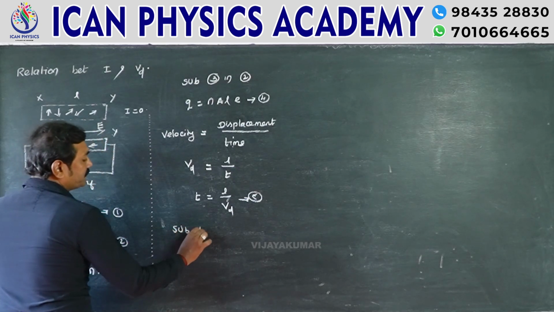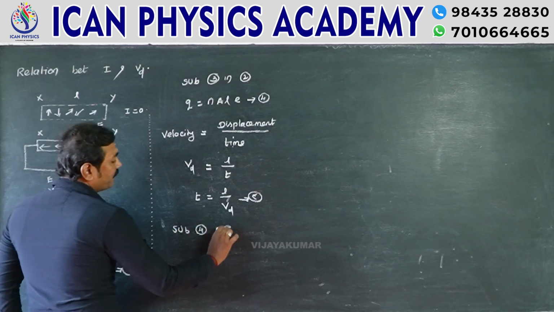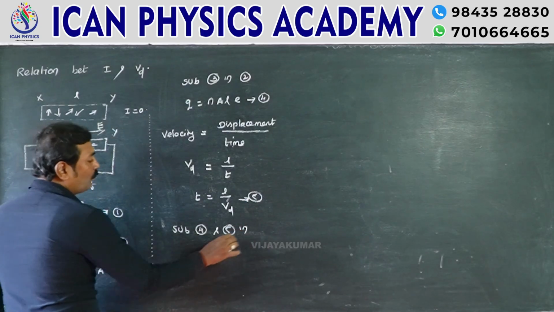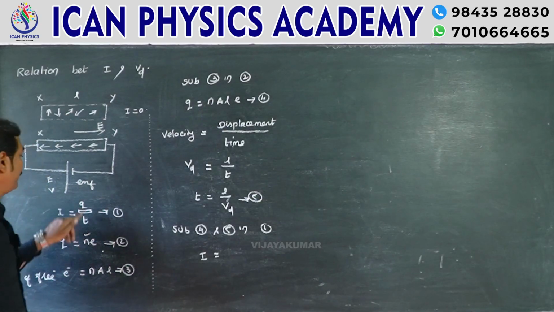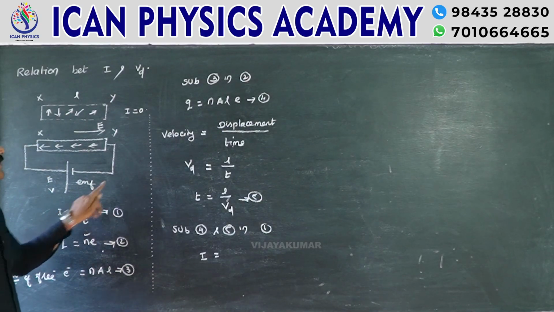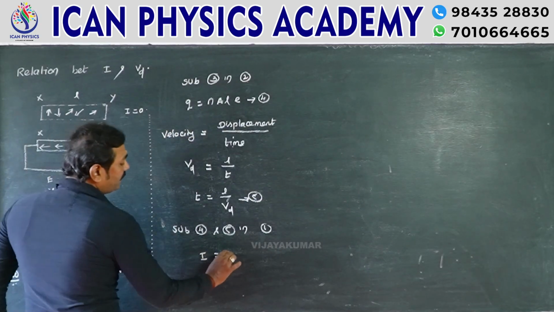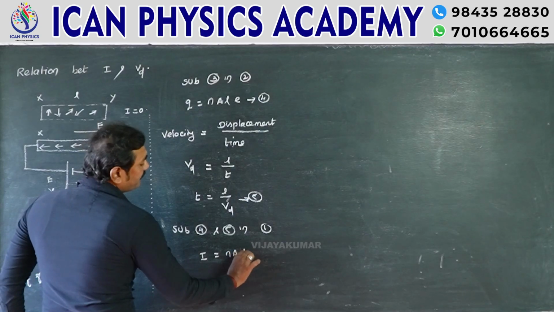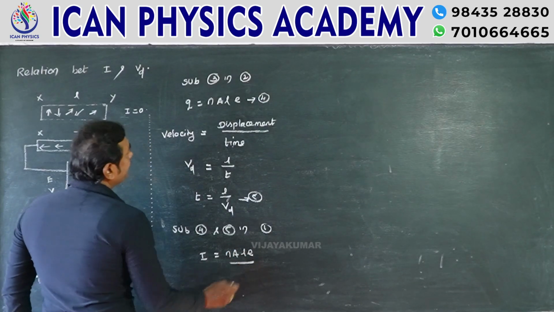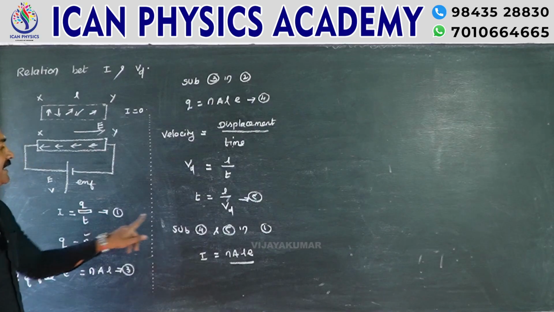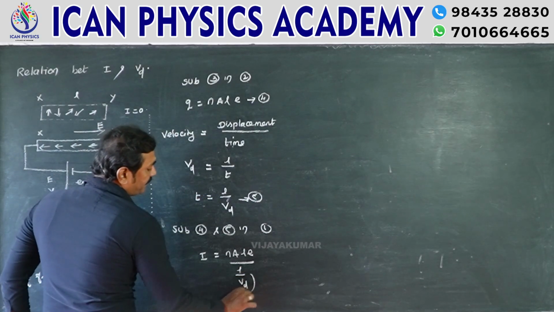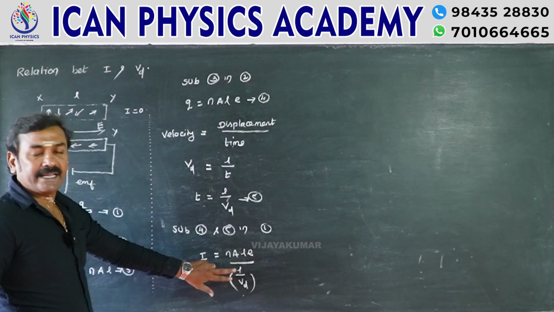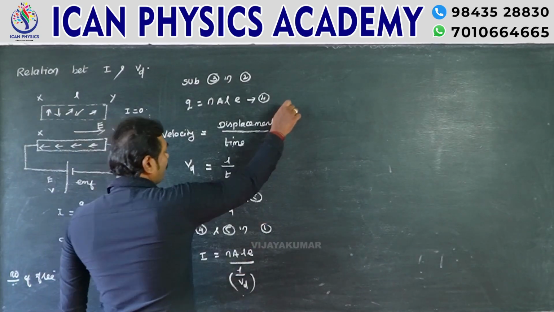Now substitute 4 and 5 in 1. So I equal to Q. What is the value of Q? N A L into E, divided by the time taken. What is the value of time taken? L by VD. Now the L by VD becomes a reciprocal.